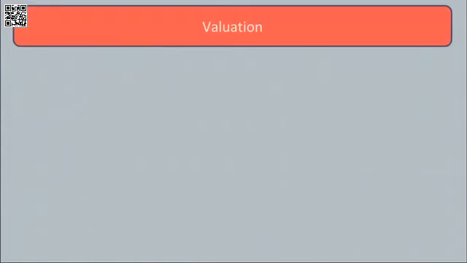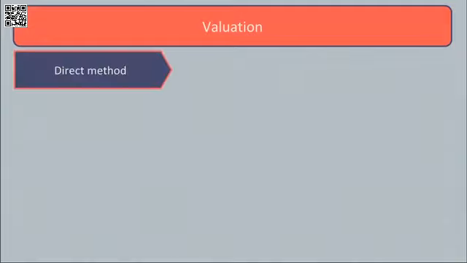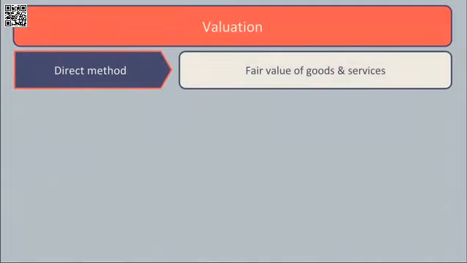Once you have identified that it is a share-based payment and the type, you will record the payment in the financial statements. But how do you value it? There are two ways. The direct method, where the fair value of the goods and services are the value of the shares given.